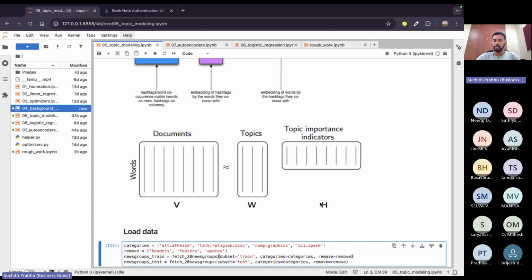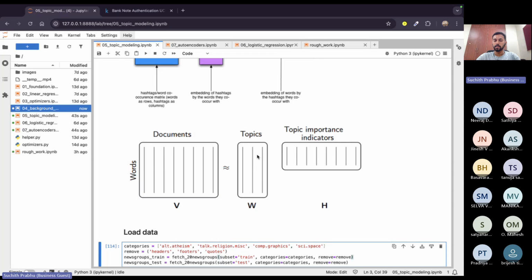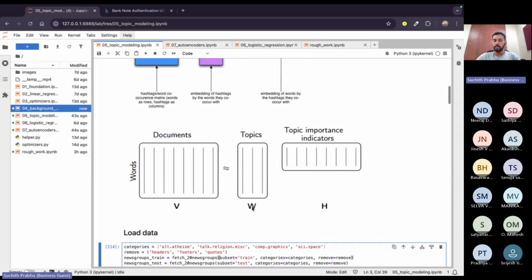We just want to break this into topics. What we normally do in neural networks, without any non-linearity, we'll do the same thing: initialize randomly, define a loss function, and in the optimization process we'll come up with this W and H.